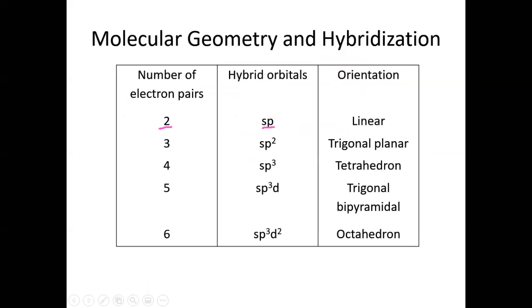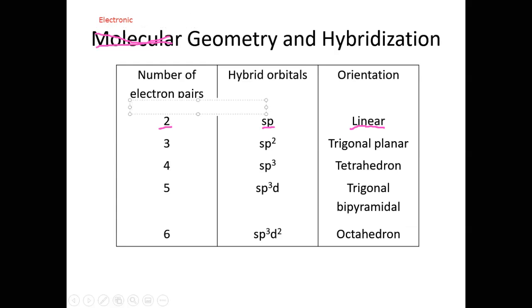Or you can remember, if it has linear electron geometry, then it's going to be sp hybridized. This is electronic geometry, number of electron pairs around the central atom. And we'll show some examples of these in just a moment.